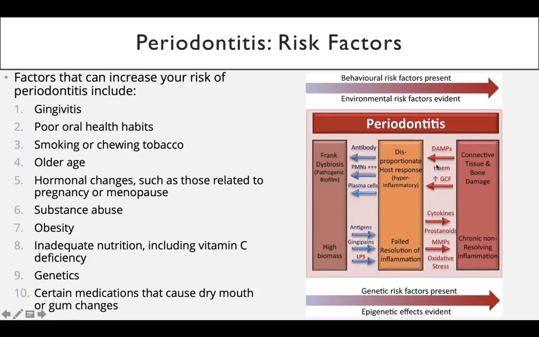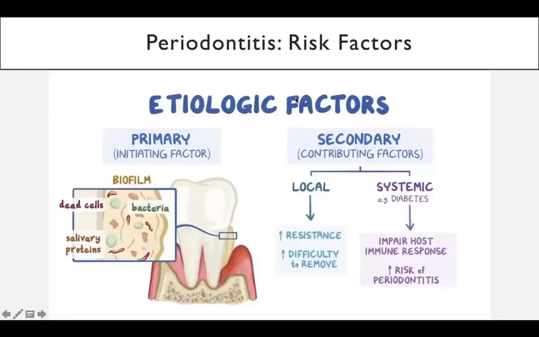This is also another diagram showing the dynamic environment of periodontitis. Later in this slide we have a bigger view, where we will compare healthy gingiva, gingivitis and periodontitis. That's why I have saved this for later. And what are the risk factors? Another form is primary and secondary. Primary are initiating factors for periodontitis, and secondary are contributing factors.